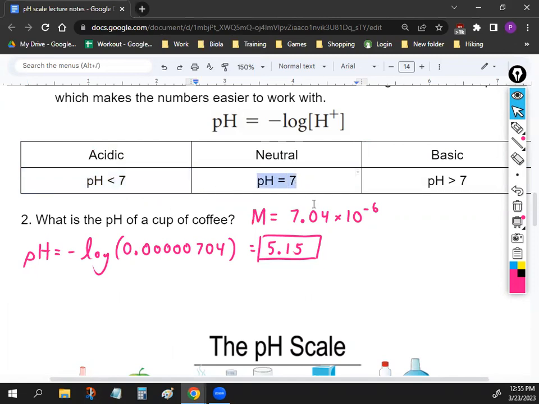If the pH is equal to 7, it's neutral, which means it's basically water. And then if something is basic, it's going to have a pH greater than 7. Okay. So make sure you jot that down in your notes. That's the key that you can use to figure out if something is an acid, a base, or neutral based on the pH.